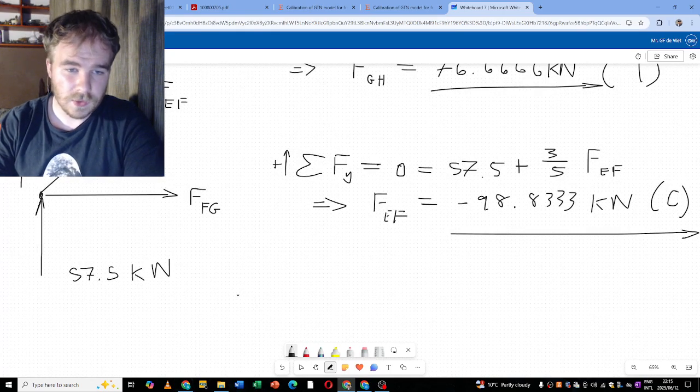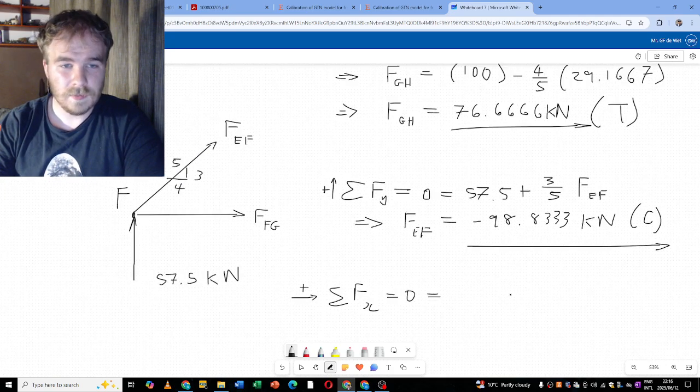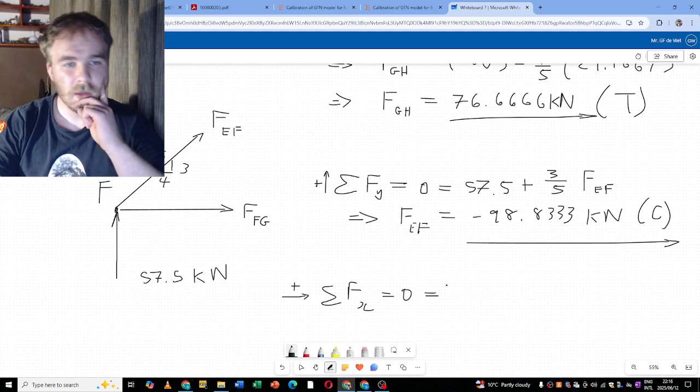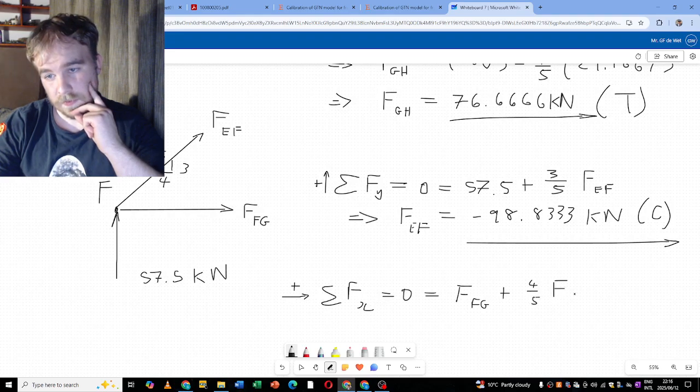Okay, last force, x direction, sum of forces in the x direction is equal to 0. Then it is FG plus 4 over 5 FEF.